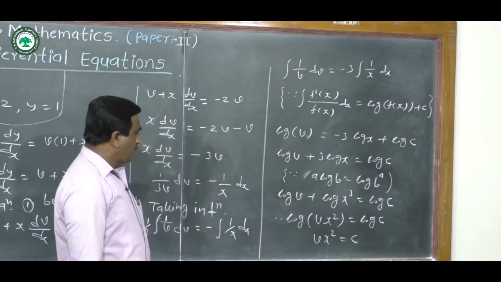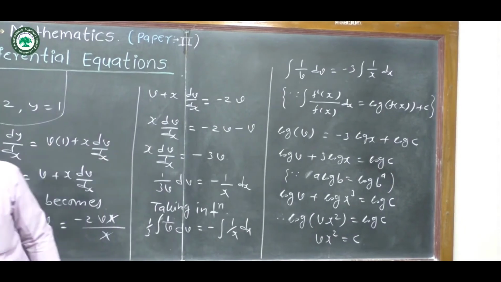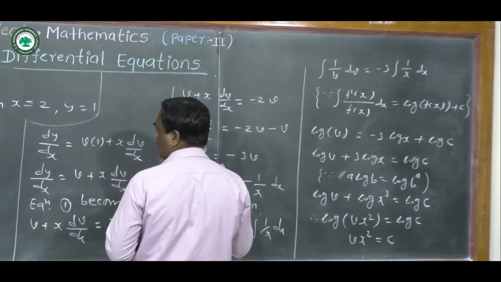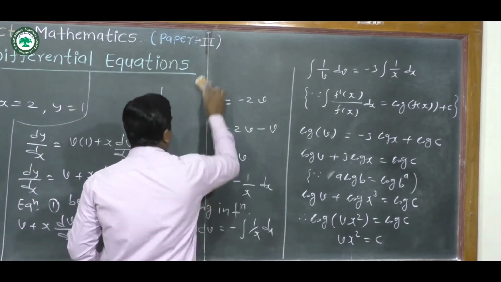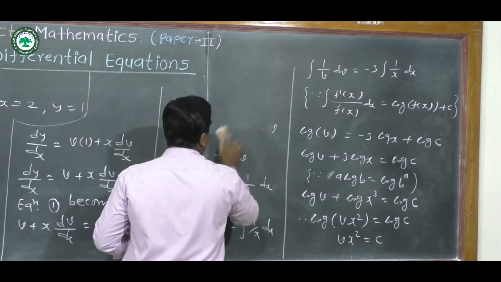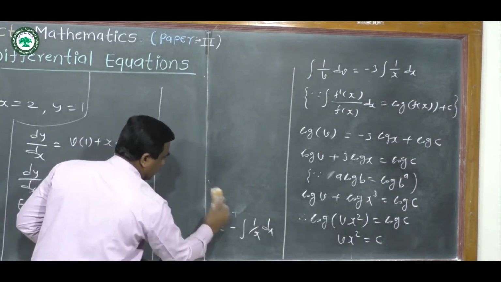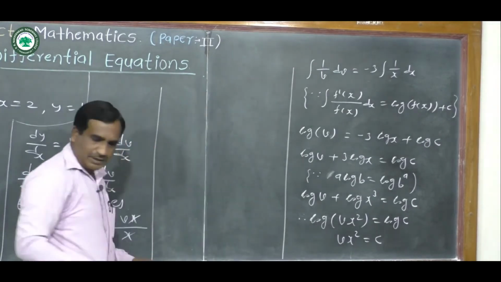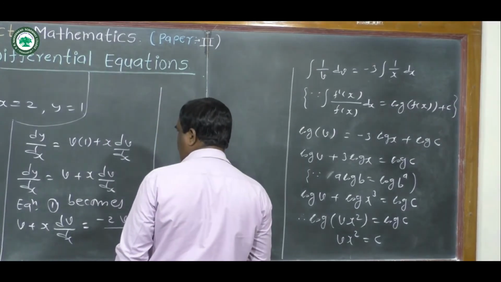Okay. Now we can put here value of v. Put value of v from equation y equal to vx. That is, we can write here value of v is y upon x.